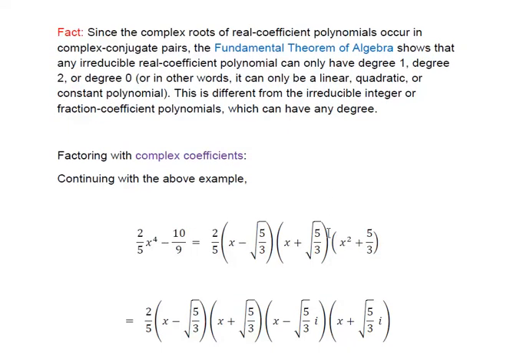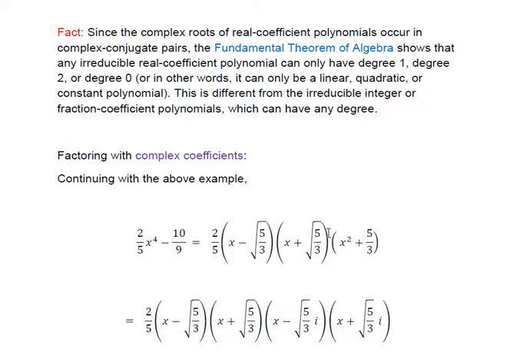Now, since the complex roots of real coefficient polynomials occur in complex conjugate pairs, the fundamental theorem of algebra shows that any irreducible real coefficient polynomial can only have degree 1, degree 2, or degree 0, or in other words, it can only be a linear, quadratic, or constant polynomial.